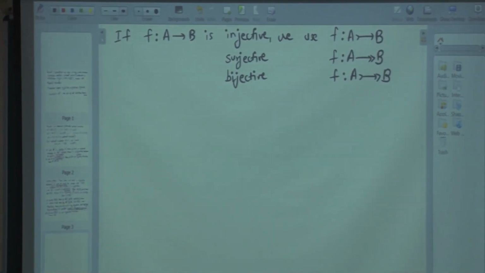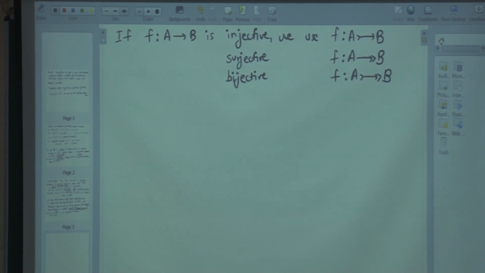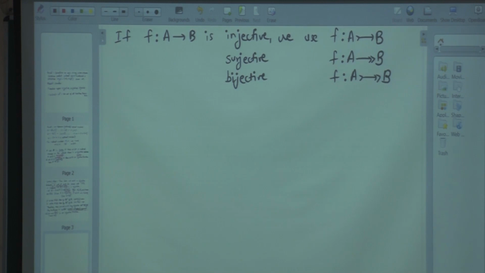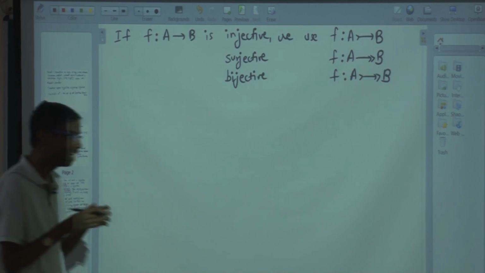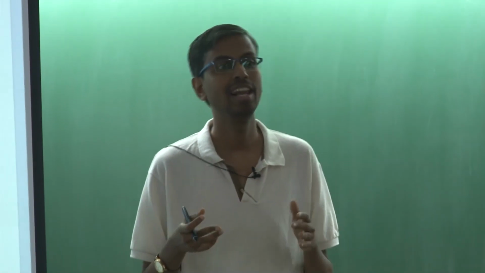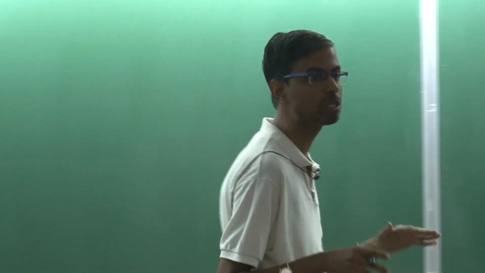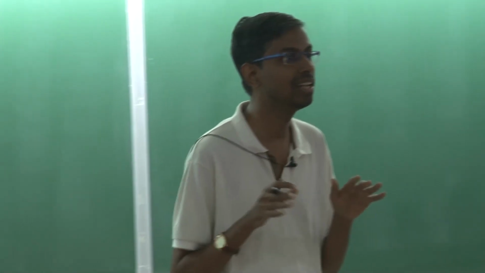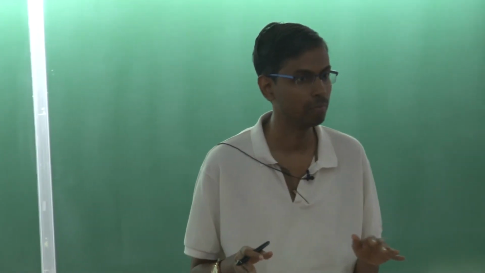Now that we have established the importance of bijections, this is also one of the philosophical themes which I want you to think about properly, that certain ideas in mathematics are more fundamental than their material realization. Like the idea of one-to-one correspondence is more fundamental than the concept of counting.